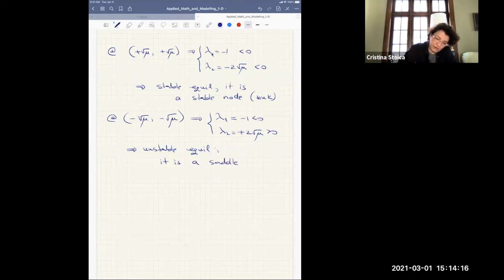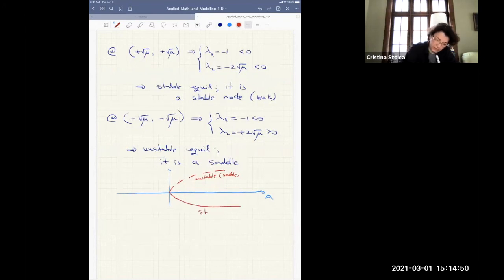And actually, we can represent this in the parameter space. Okay. So if these are the two branches, remember? So we have that the positive one, it's unstable. So I'm going to make it dashed. So this is unstable. It's unstable. It's a saddle. Okay. And this, I'll make it full. And this is stable.